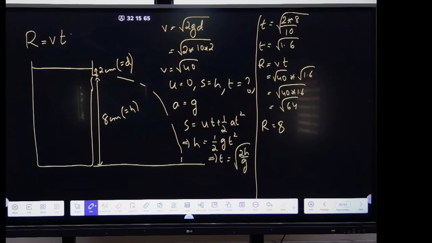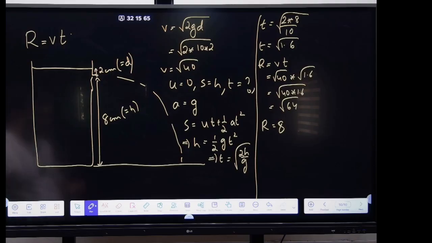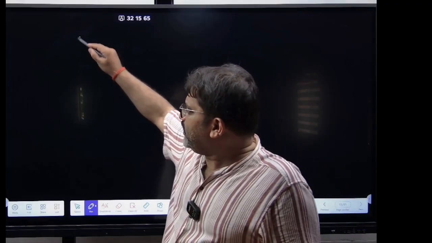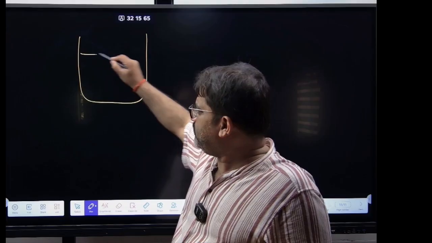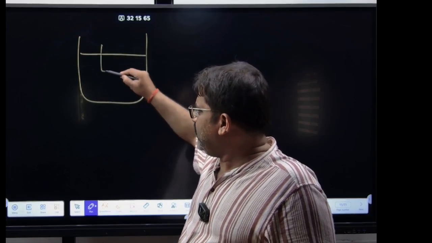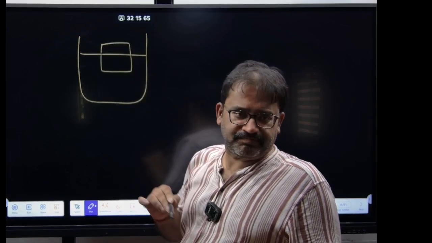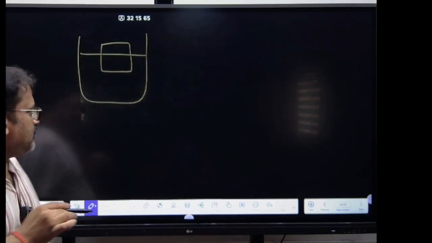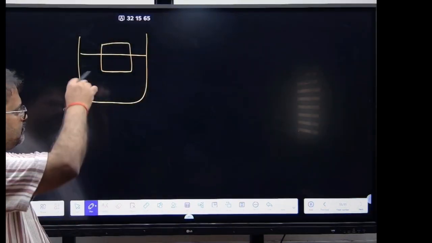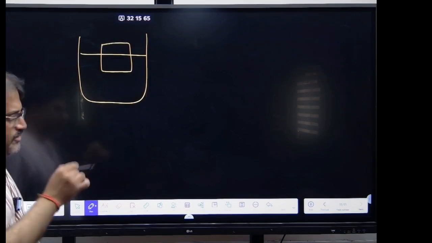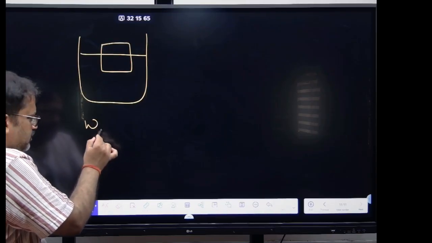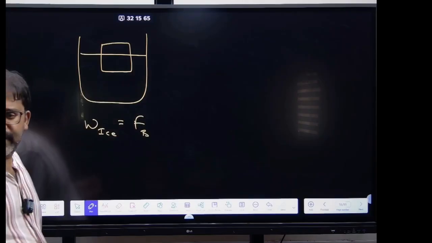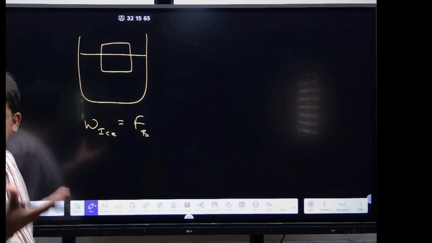Right. So, just pay attention now. Let us say this is liquid water, and in liquid water we are having ice. As we already discussed, when you go for this type of arrangement, we can say that the weight of the solid is balanced by the buoyancy force or the upthrust.